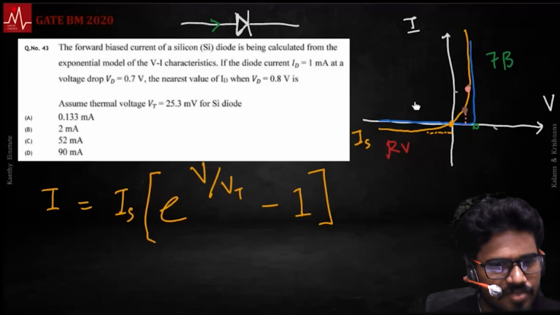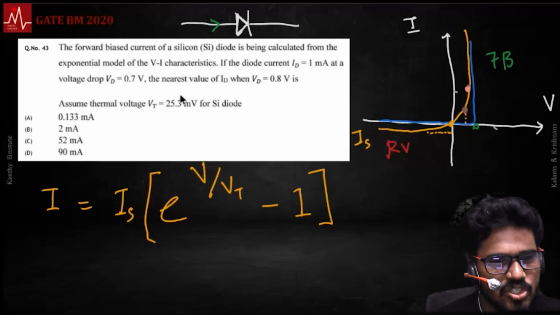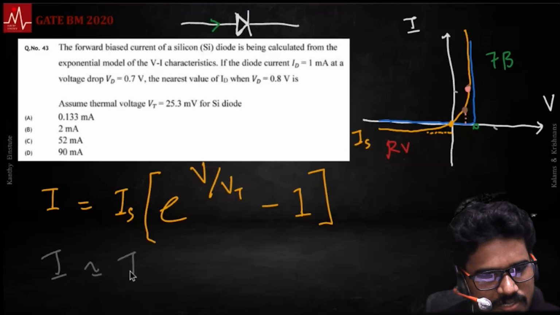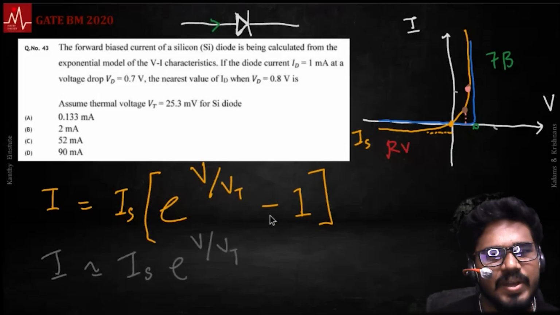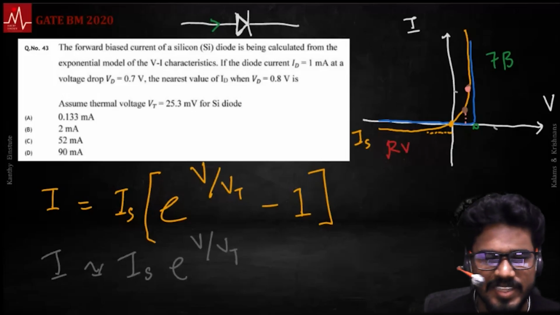For calculation purposes, you can also slightly approximate this as e power minus V by Vt. You can forget that minus 1 in this case.